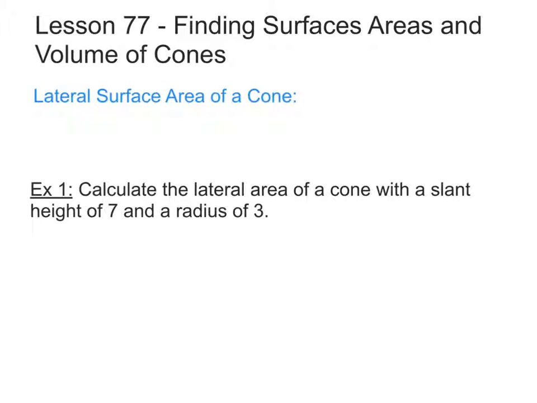For the first formula, we're going to talk about the lateral surface area of a cone. How do we find it? The lateral surface area is going to be equal to pi r L. R is going to still stand for the radius.